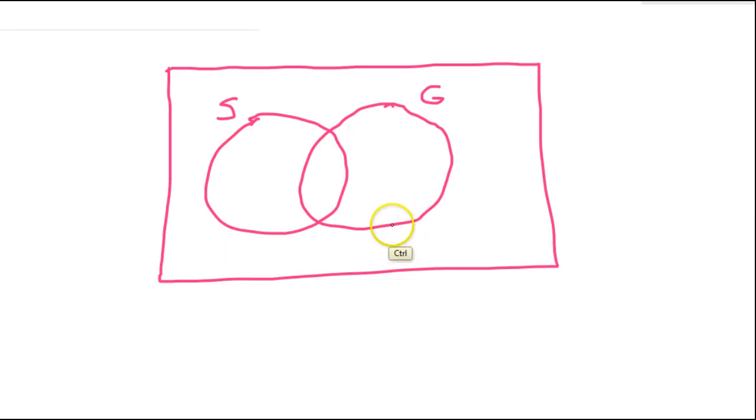Here's a quick diagram representing the overlapping sets, sophomores and girls. Now, if I said, look at the set sophomores or girls, like I showed you on the other slide, that would be all of both. So that would be like this.